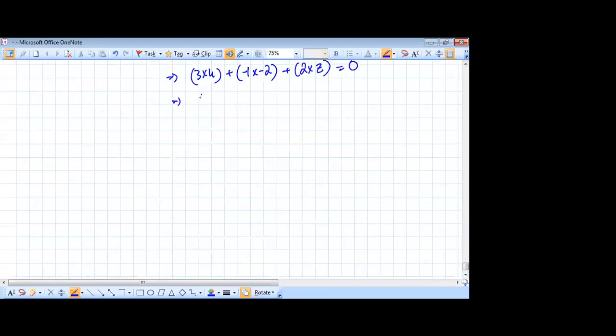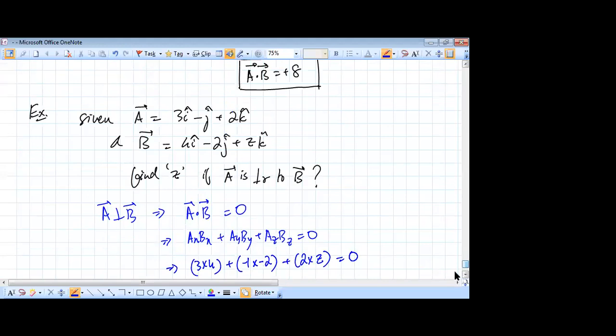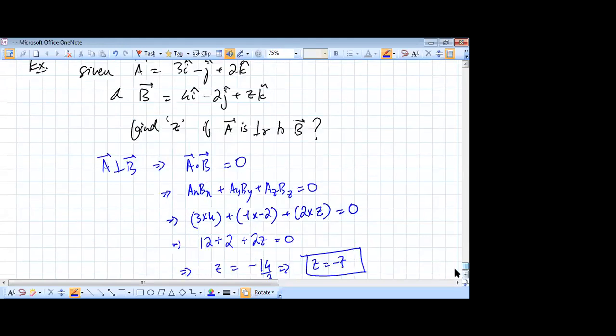So you get that 12 plus 2 minus. Okay, so z is this. Okay, people, so hope you understood this question.